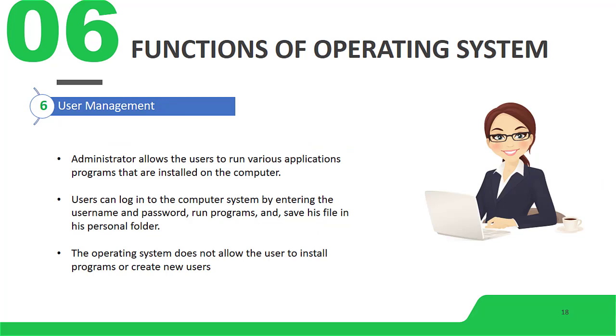The next function is user management. The administrator allows the users to run various application programs that are installed on the computer. Users can log into the computer system by entering the username and password, run programs, and save their files in their personal folder. The operating system does not allow the user to install programs or create new users.